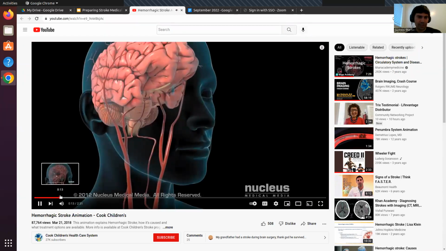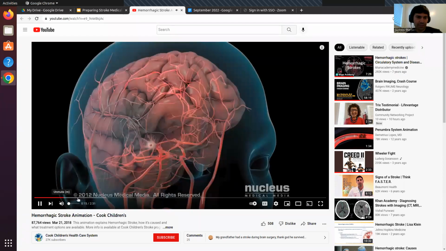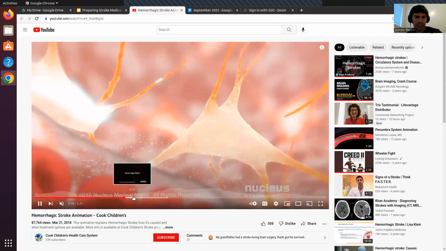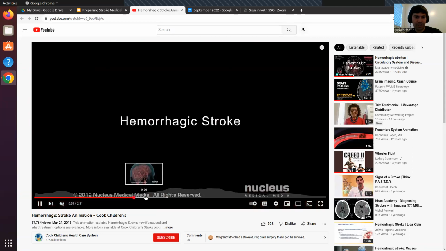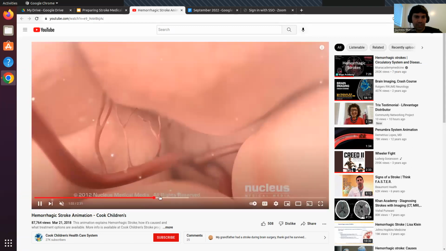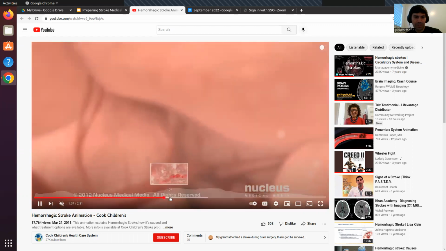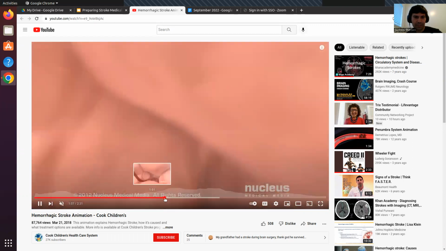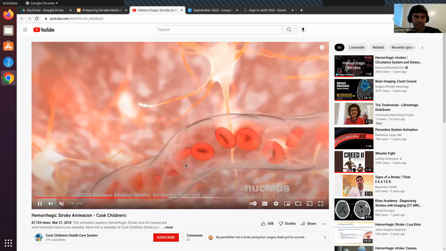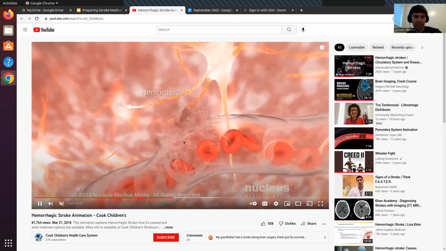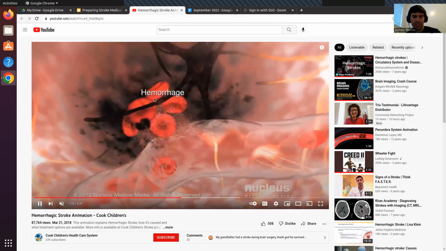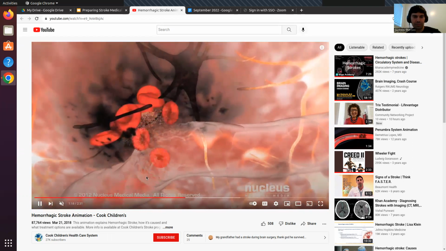So we go into the brain in Nucleus Media, right? These are the neurons. This is one of the blood vessels. And then going back, this is the region of a blood vessel that bursts open, and we can see the blood cells are bleeding out into the brain.